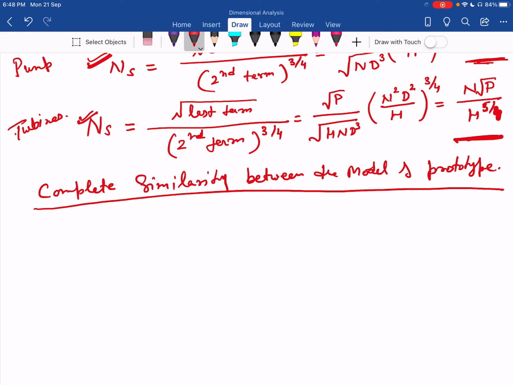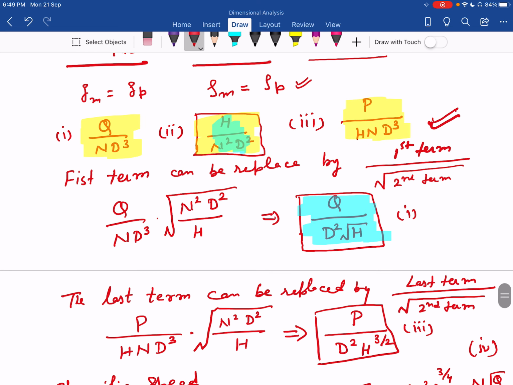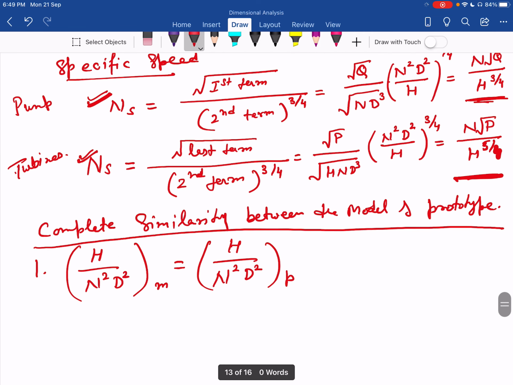The first set of equation I have is h upon n square d square for model is equal to h upon n square d square for prototype. That is my equation number 2. So that is my first important equation.